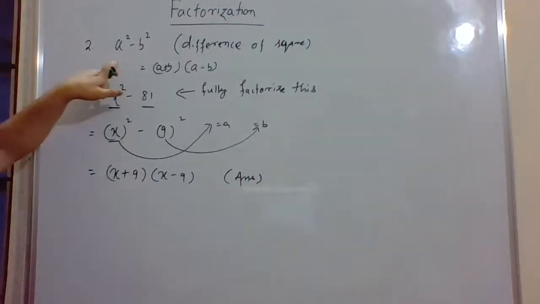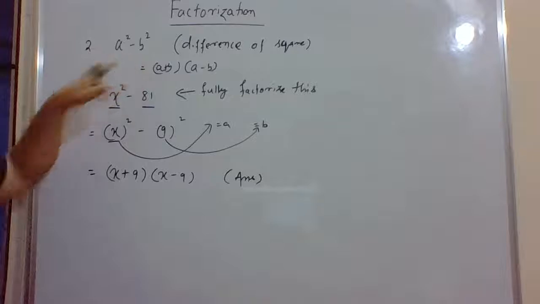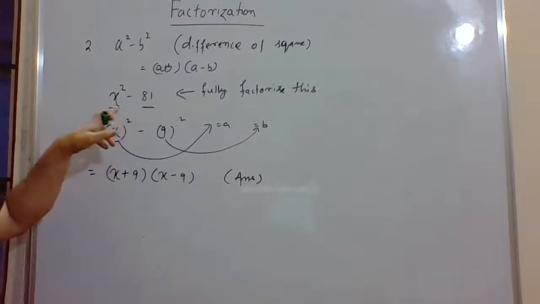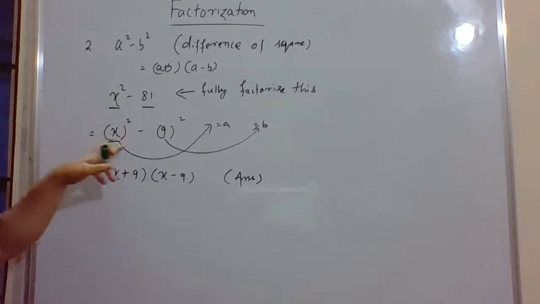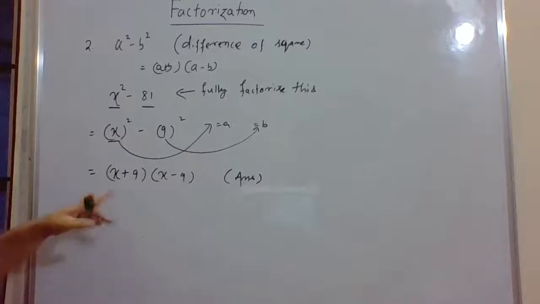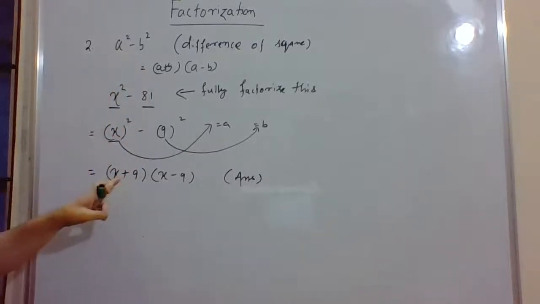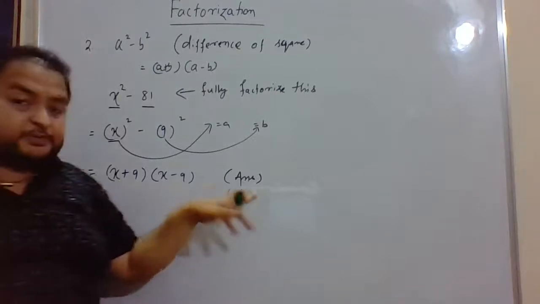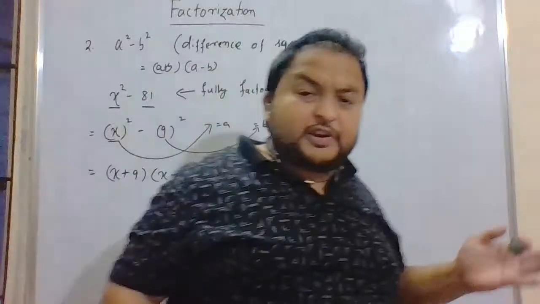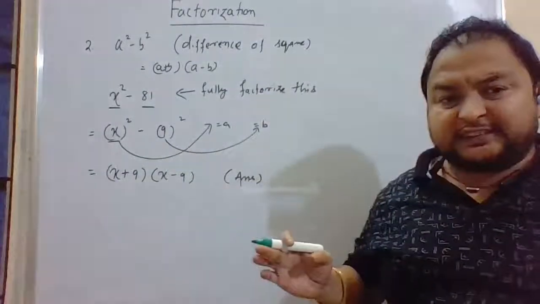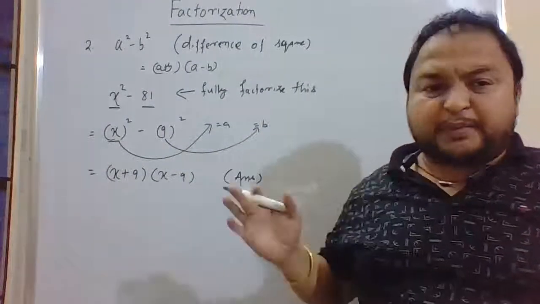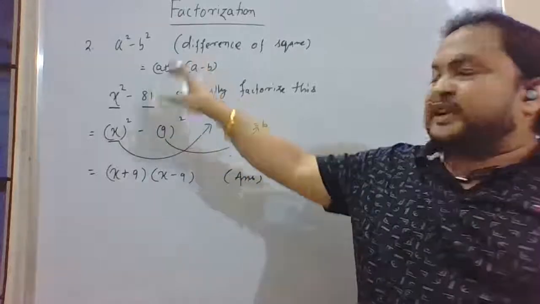So if I want to fully factorize a difference of squares, I would express both the terms as squares of something. And obviously, once I have expressed a squared minus b squared, I can factorize it as a plus b into a minus b. And why? Because we know that in our expansion, the product of a plus b and a minus b is a squared minus b squared.